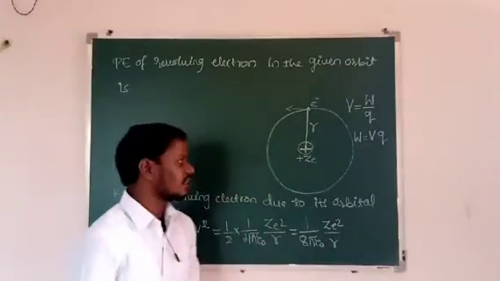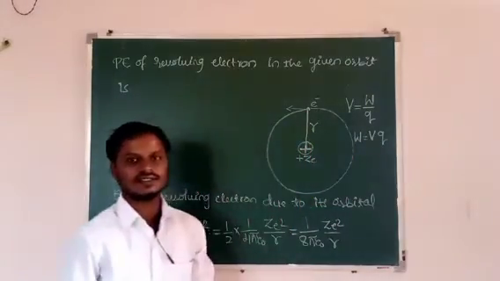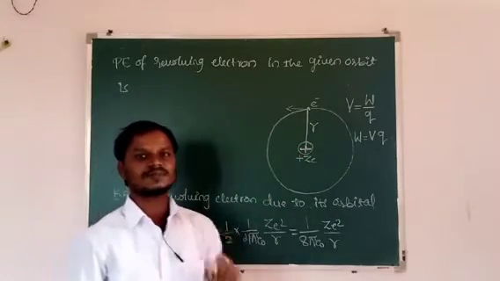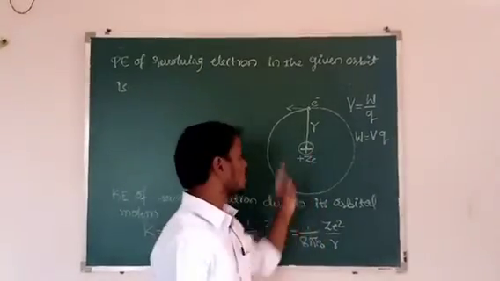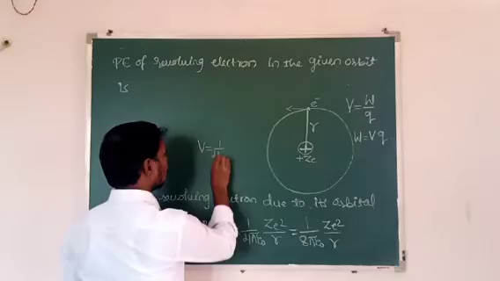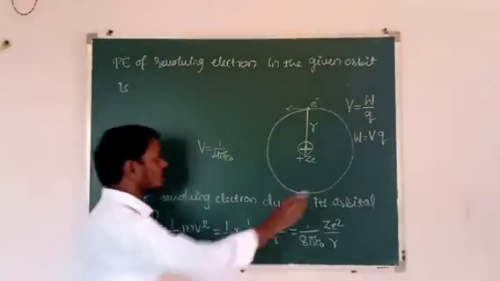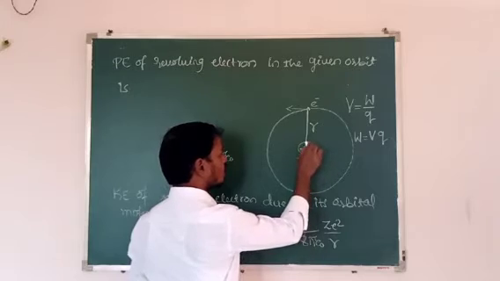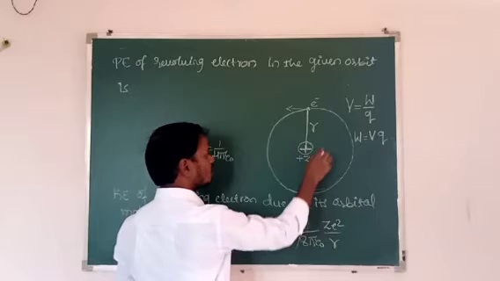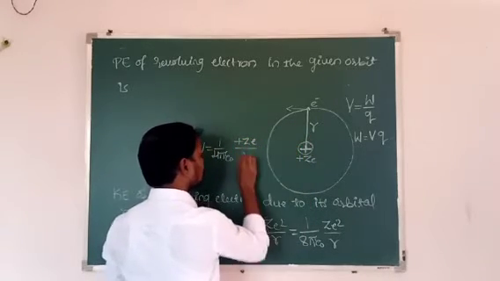Okay, see here. Here the potential at the distance r is due to the nucleus. What is the expression for the potential due to the nucleus here? That is V is equal to 1 by 4 pi epsilon naught. Here which is the source charge? Potential at the distance r due to the nucleus, that is the charge on the nucleus, that is plus Ze divided by r.